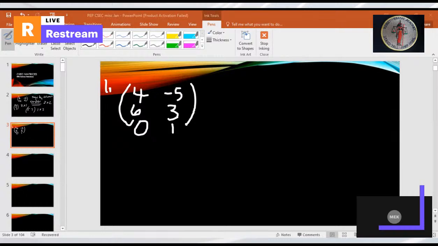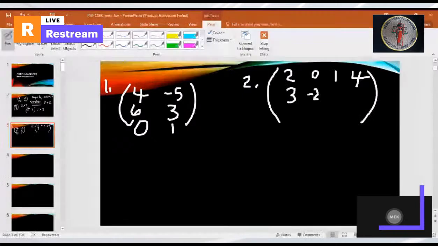And while you're doing that, I'm going to write the others. So you're typing your answer for 1. In the meantime, I'll put the other matrices, and you're going to type your answers. So I'm writing this.